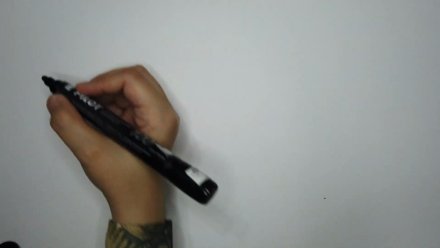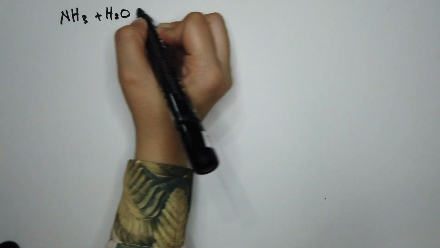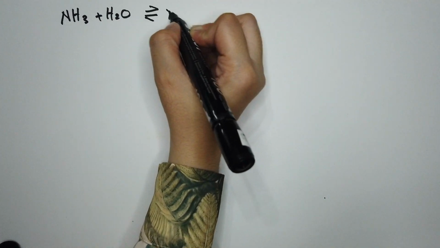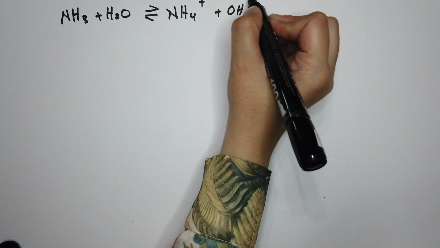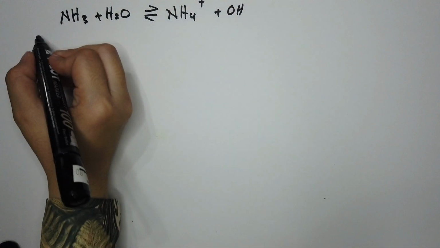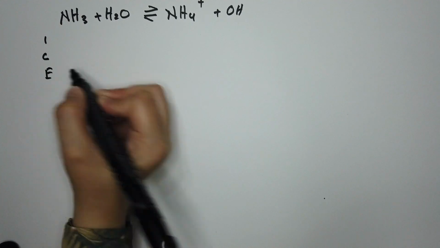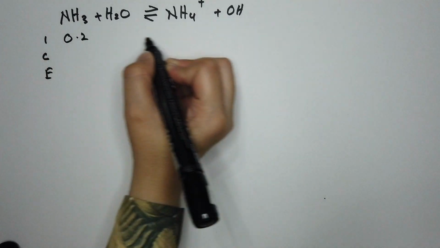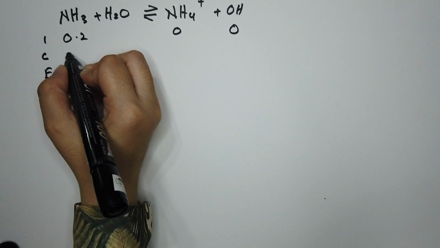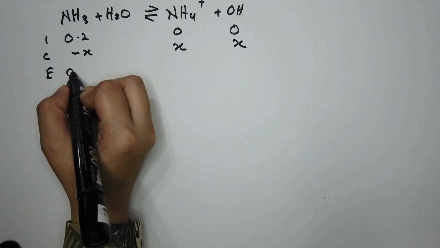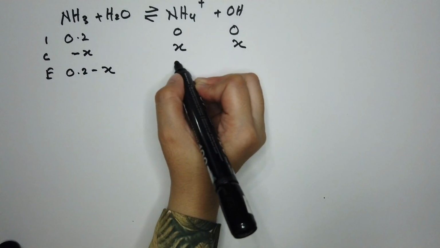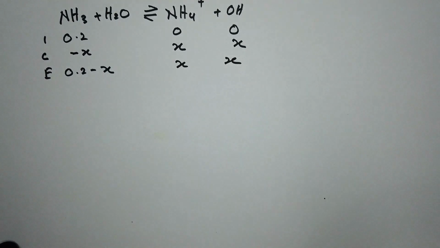So again, I'm going to show you the ICE diagram. So you have the NH3 plus H2O. You will produce NH4 plus, OH minus, right? And then in your ICE diagram is 0.2, 0, 0. So this one minus x, x, x. So at equilibrium is 0.2 minus x, x, and x, right?